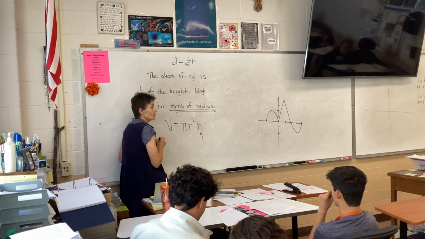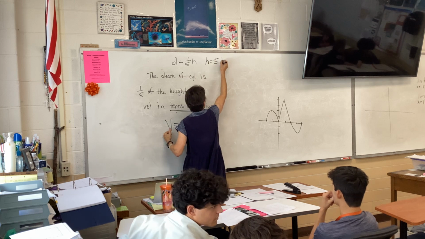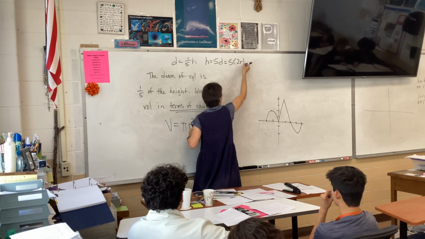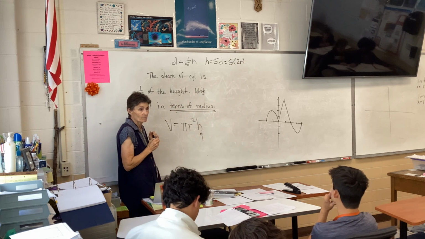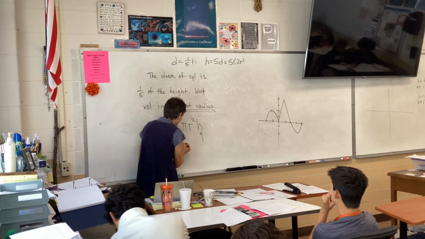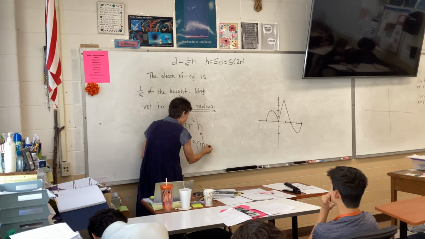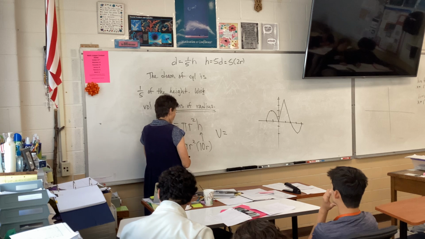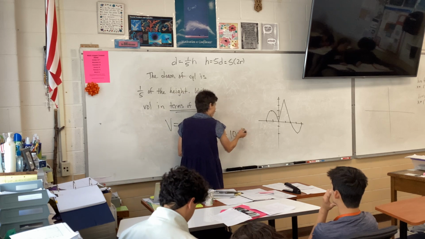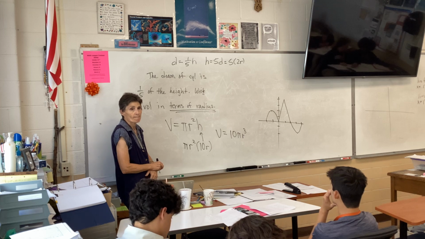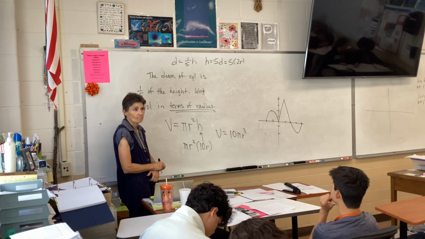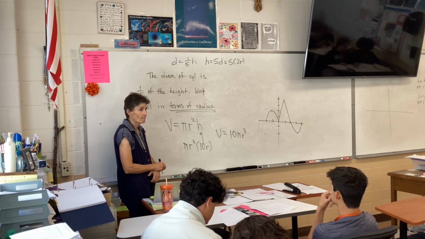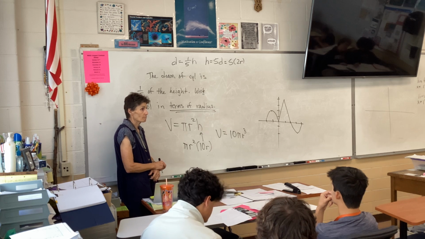So there's 5 diameters, which means the height is 5 diameters, which is 10 radiuses, and the diameter is 2 radiuses. So I'm going to take this out and put in 10r. So my volume will be 10 pi r cubed. Right? All right, what else?